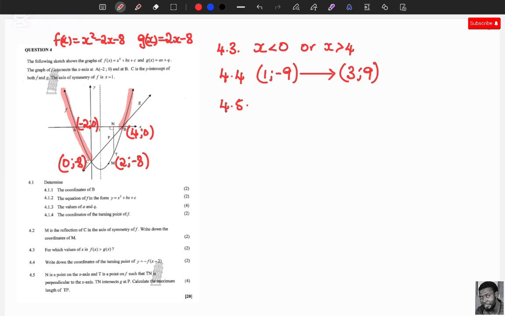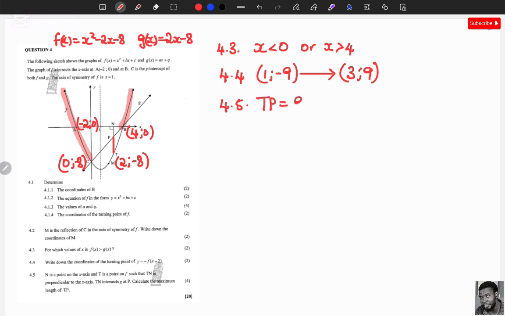They want us to calculate the length of TP, which is this one. To calculate the maximum length of TP, we'll have to write the equation of TP first.